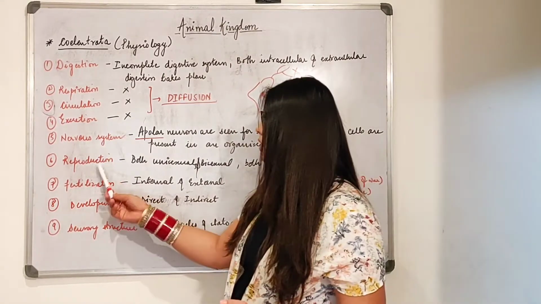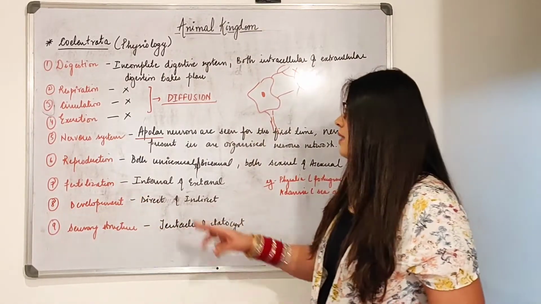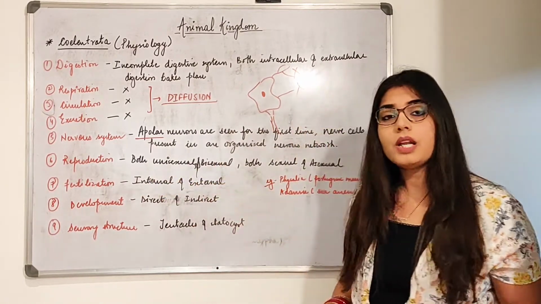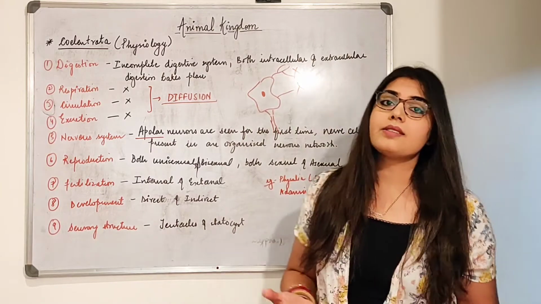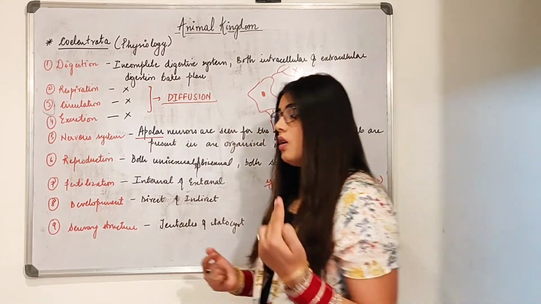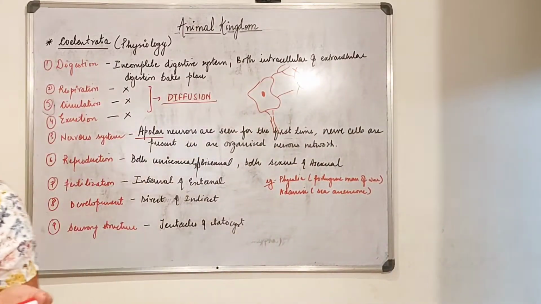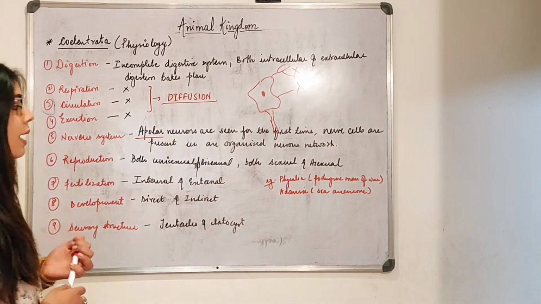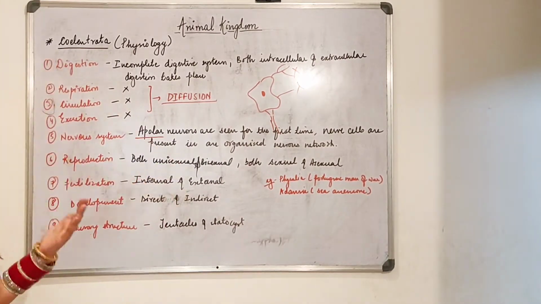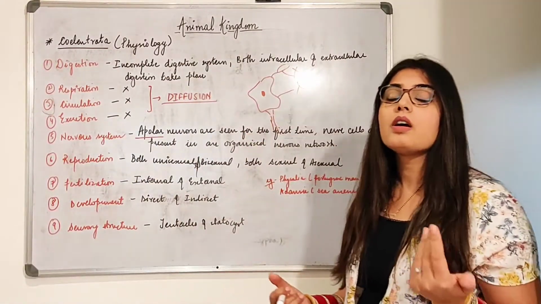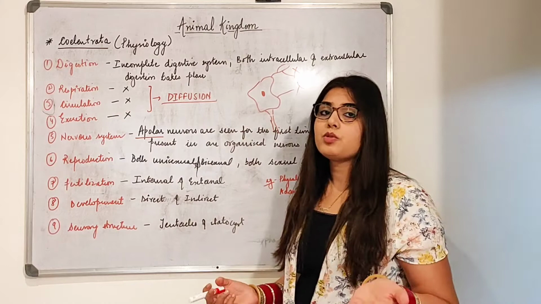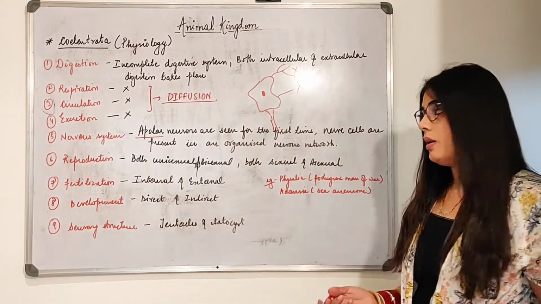Then reproduction, beta. You will say that it has both unisexual and bisexual forms, and it can also be sexual and asexual. Like you saw in the previous video, there is both the polyp form and the medusa form for conversion. They can either perform the sexual method or the asexual method for converting themselves from polyp to medusa or from medusa to polyp.